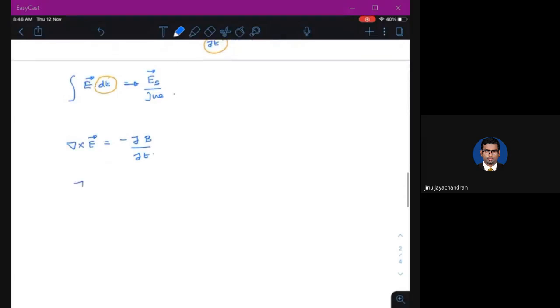So I can write this as del cross the real part of ES e raised to j omega t is equal to minus dou by dou t of B. B is also a vector, which implies I can write it as the real part of Bs e raised to j omega t. Basically, we have represented it by separating the time dependence and the space dependence.